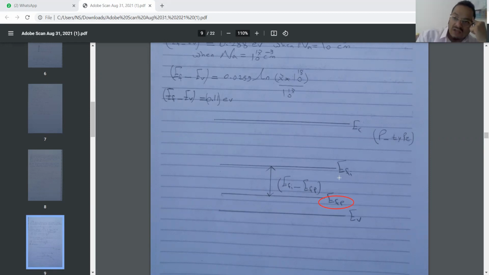And like I said before, why didn't we write EFP minus EFi? Because this process goes like that: the upper one, EFi, minus the element below it, EFP. And in n-type it will be EFN minus EFi. We must note that very well. Let me delete that and complete.